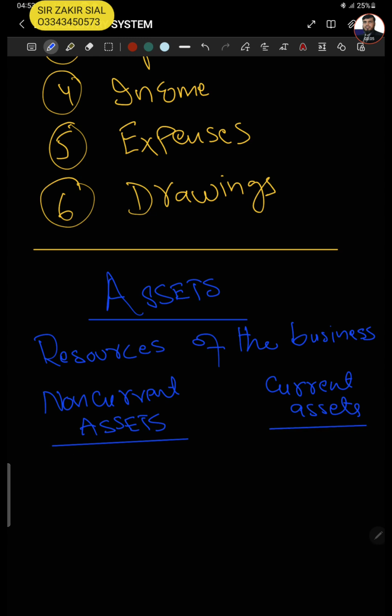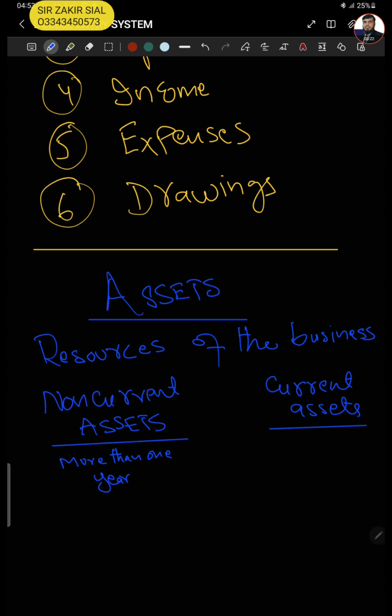Non-current assets are those assets which we are using in the business for more than 1 year.